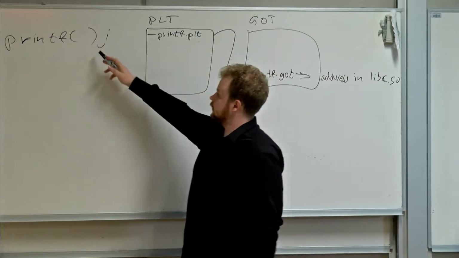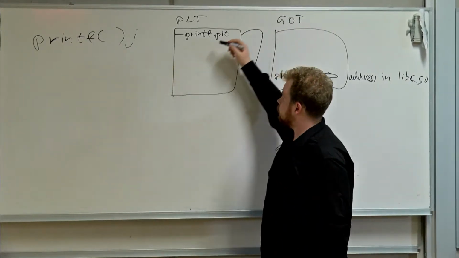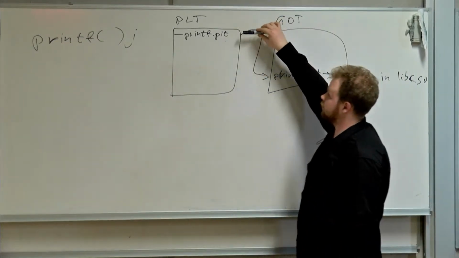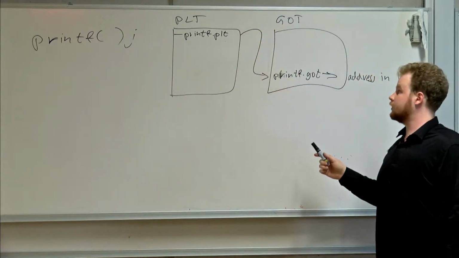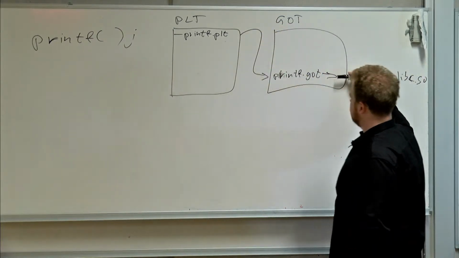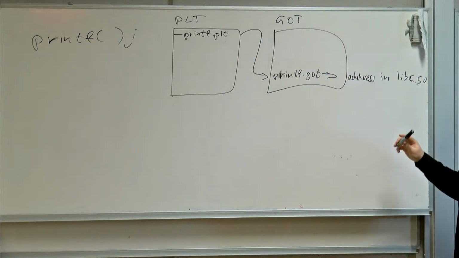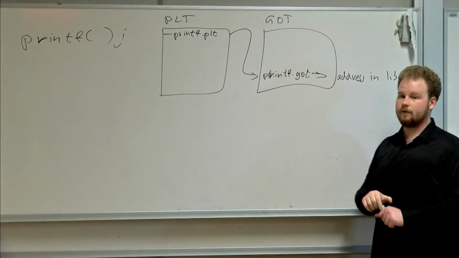So the first time printf is called, the program looks in the PLT table, jumps to the global offset table, and there it sees that the address has not been resolved yet.